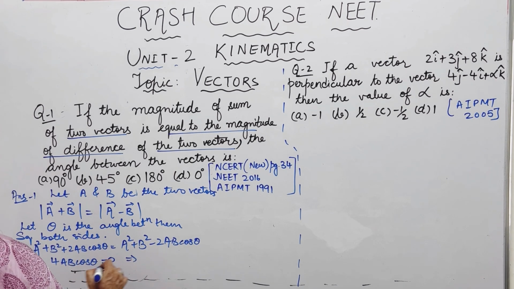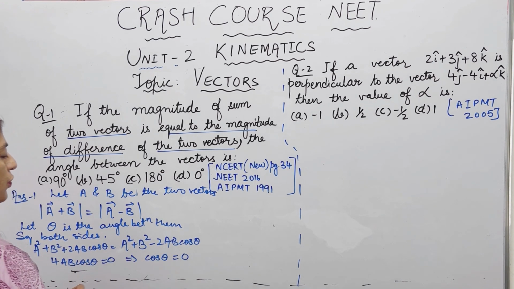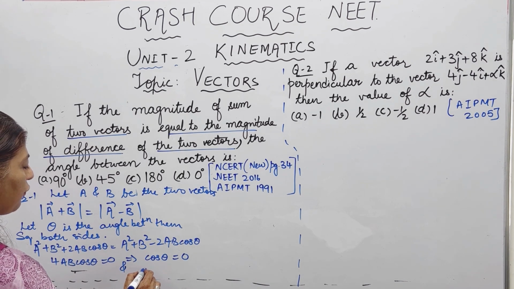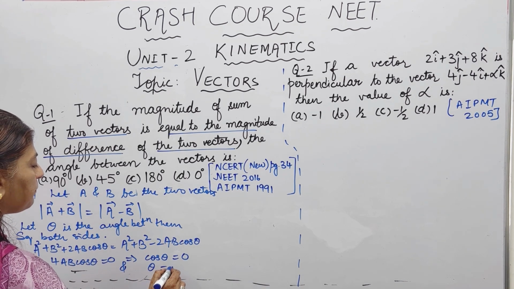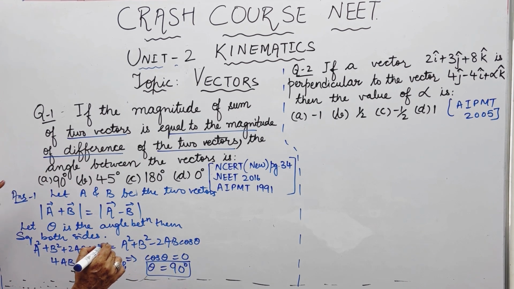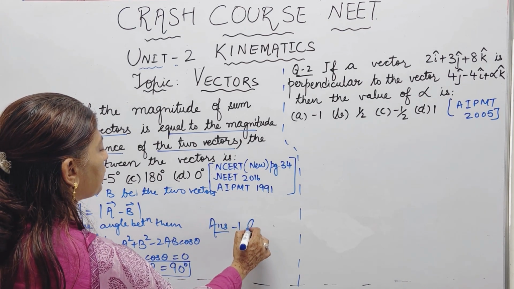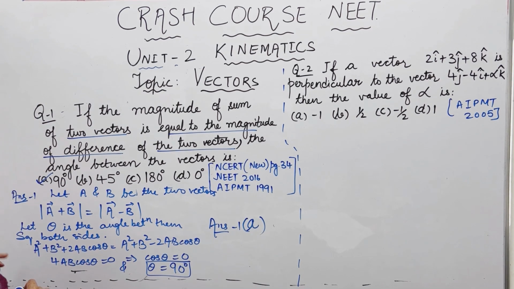And from here, since a and b are not equal to 0, it means cos theta is equal to 0, and the value of theta is 90 degree. So option A is the correct answer for this, and the answer for the first is option A.